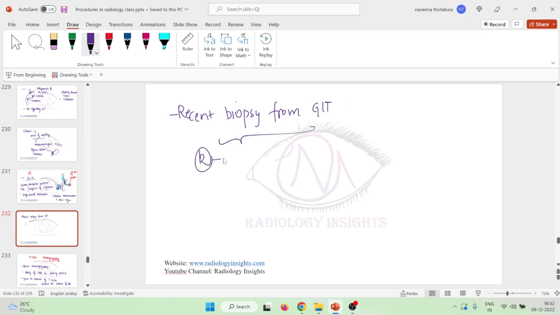The main reason is that barium will reach the biopsy site, and at the biopsy site this barium will cause an inflammatory reaction and result in the formation of granuloma. So barium is also contraindicated in case of recent biopsy.